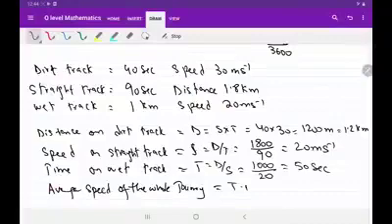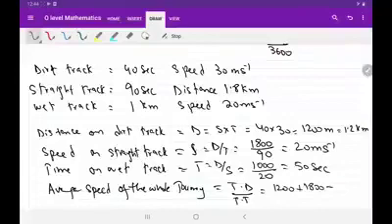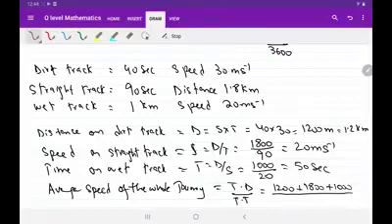Total distance turns out to be 1200 meters plus 1800 meters plus 1000 meters, and total time is 40 seconds plus 90 seconds plus 50 seconds.